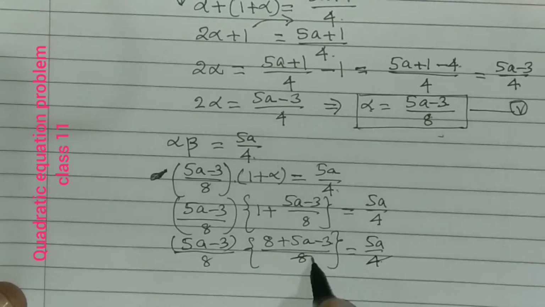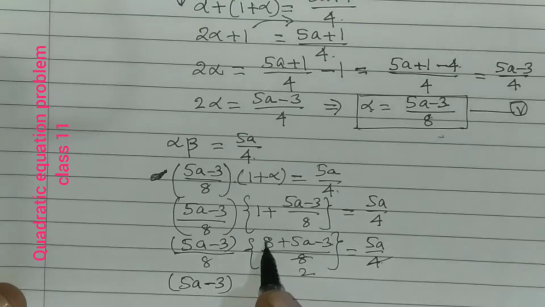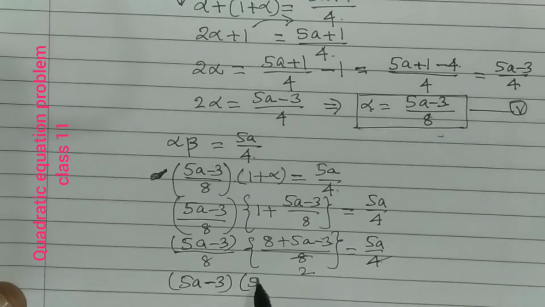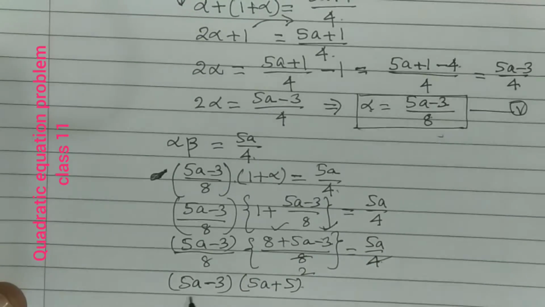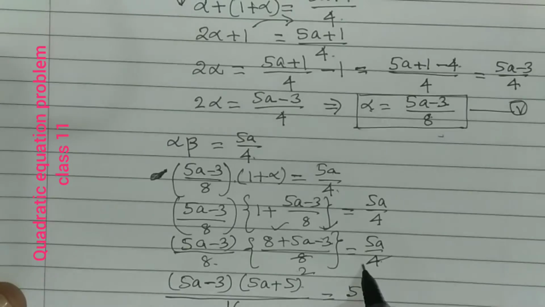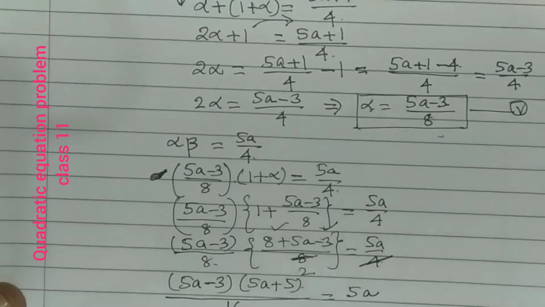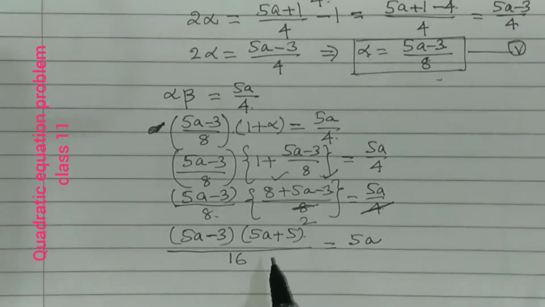So 4 2 times यहाँ कैंसिल हो जाएगा, नीचे नीचे भी आप कैंसिल कर सकते हैं. So here (5a minus 3) and then (5a plus 8 minus 3) is equal to 5, divided by 8 into 2 is 16, and here 5a. 4 is cancelled over here. So here we can take 5 common.